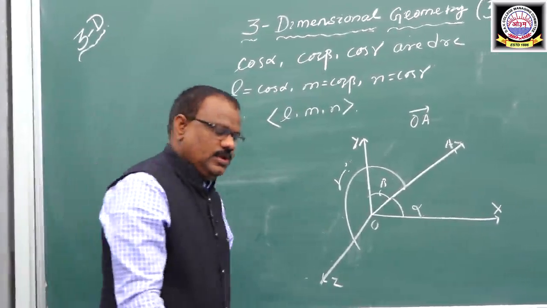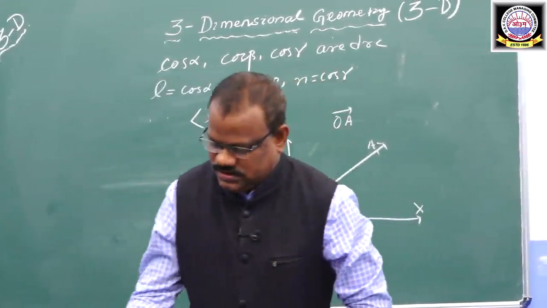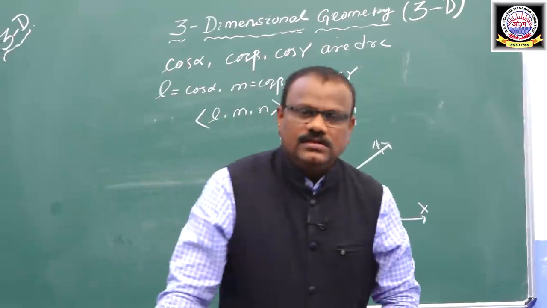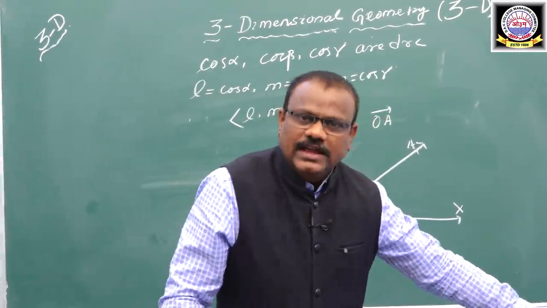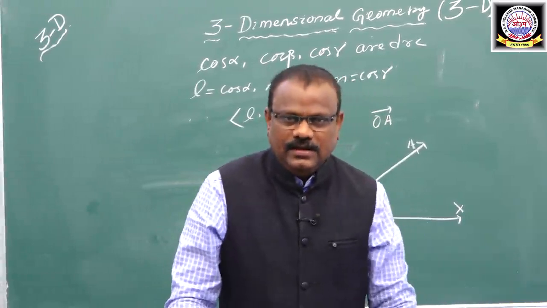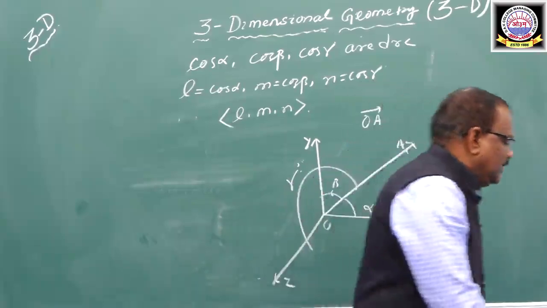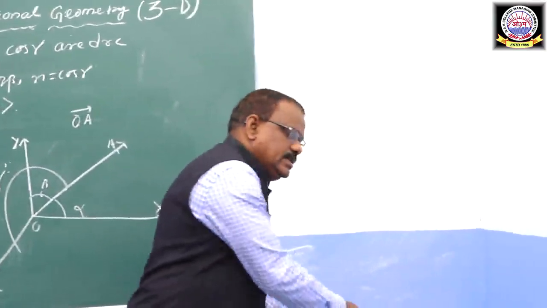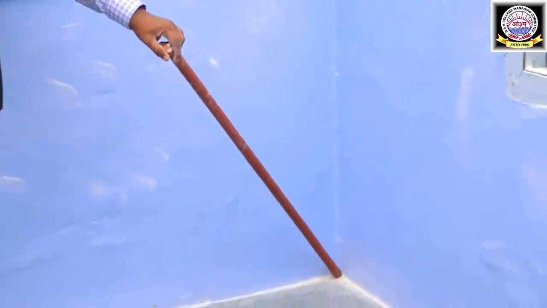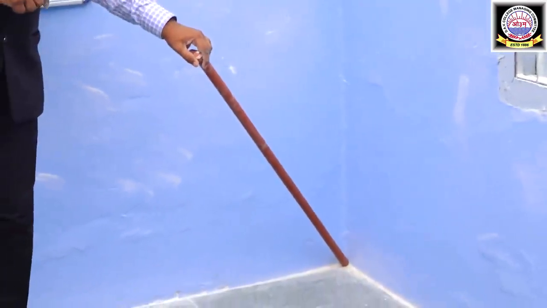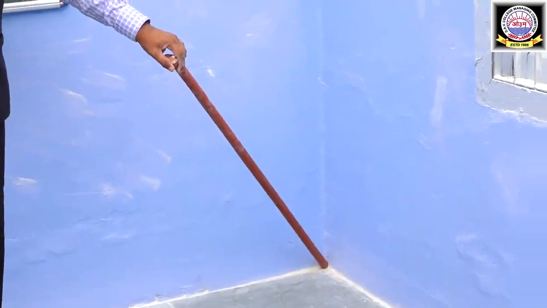Then, here one question arises, whether it is coming to your mind or not. What is this question? The question is, when I measure the angles alpha, beta, gamma, at that time the line or the vector was starting from the origin.